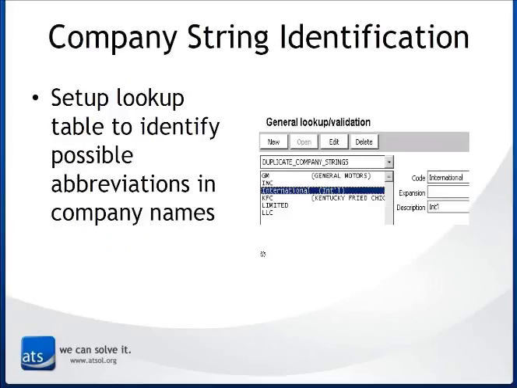The next duplicate check field, or general validation field, that you can put in is the duplicate company strings. And again, you can put as many items as you want or as few items as you want in here. The more that you put in on these duplicate checks, obviously the more the importer has to check against, and it gives a much more accurate record check and match.